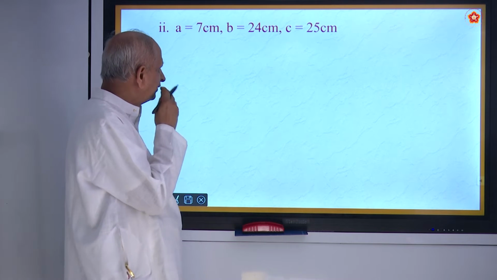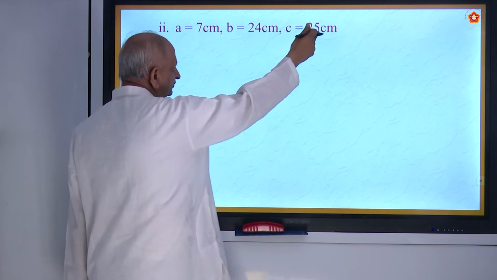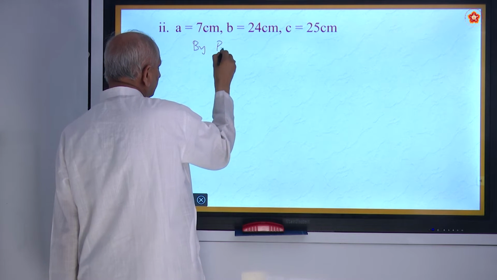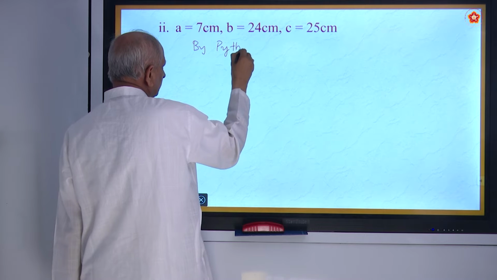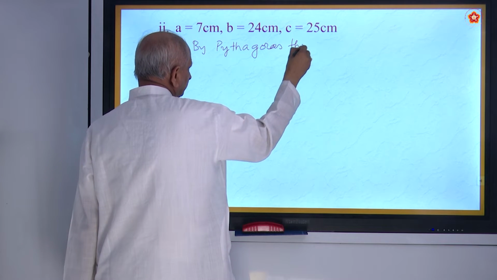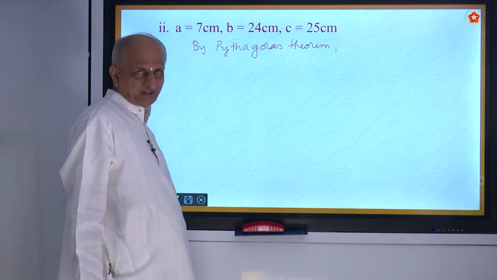A is 7, B is 24, C is 25. Which is the hypotenuse here? C. So you have to write by Pythagoras theorem, also called Baudhayana theorem.